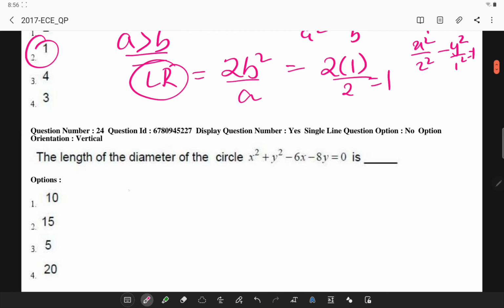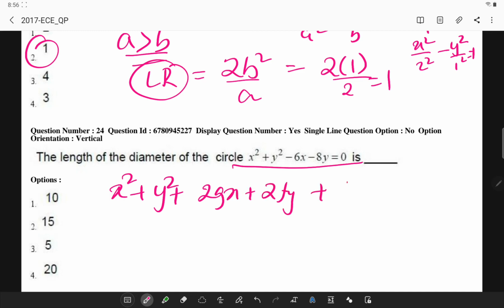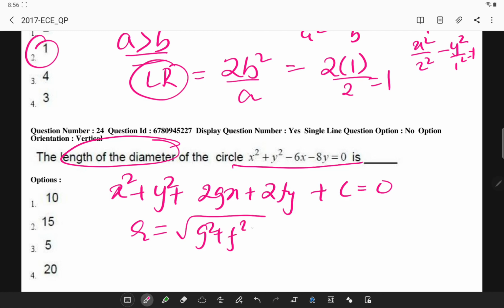Next, what is the length of the diameter of a circle? Compare it with the standard equation x square plus y square plus 2gx plus 2fy plus c is equal to 0. The radius r is equal to root of g square plus f square minus c.